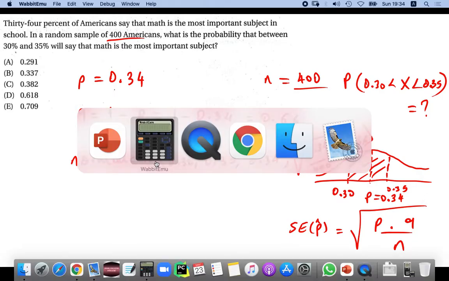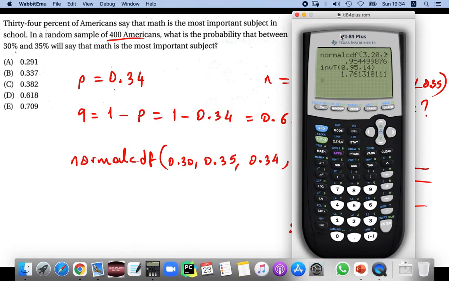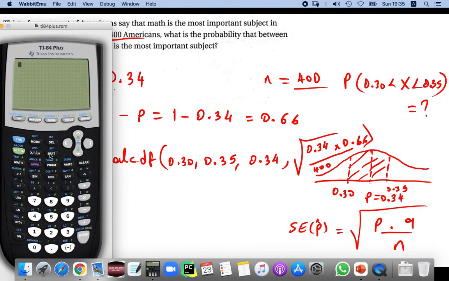So when I use the TI calculator, first of all, second function, Normalcdf. So the lower bound is 0.30, the upper bound is 0.35, and 0.34 is the mu, and then sigma is square root of 0.34 times 0.66 divided by 400.